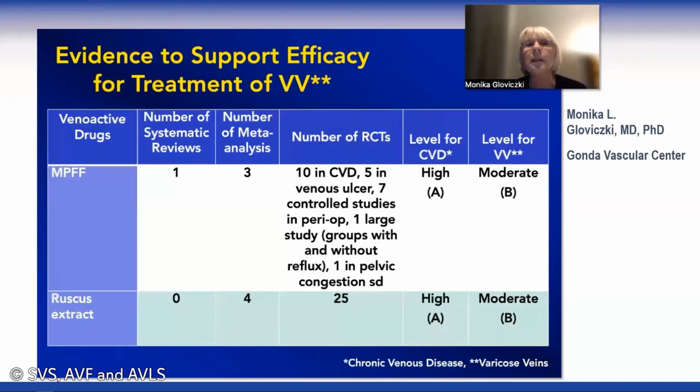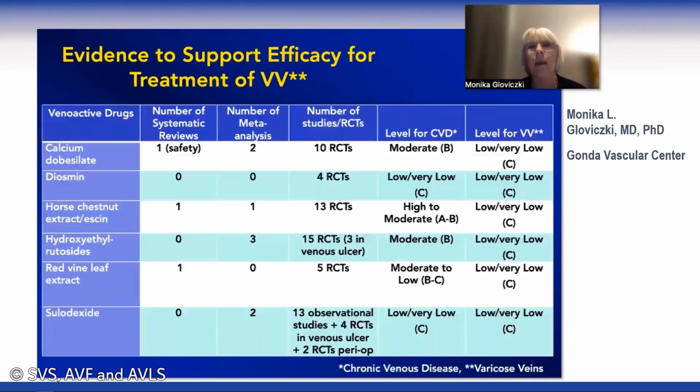We concluded that evidence to support efficacy for treatment of varicose veins is moderate for only 2 venoactive compounds: micronized purified flavonoid fraction and ruscus extract. Other compounds had a lower level of evidence, and we consider that they are indeed low or very low level of evidence.